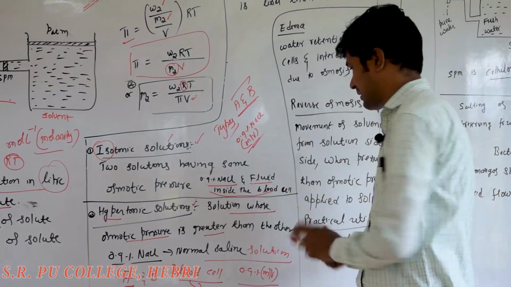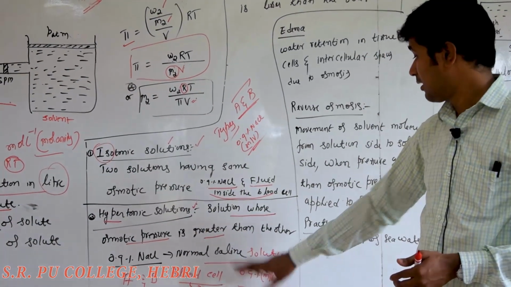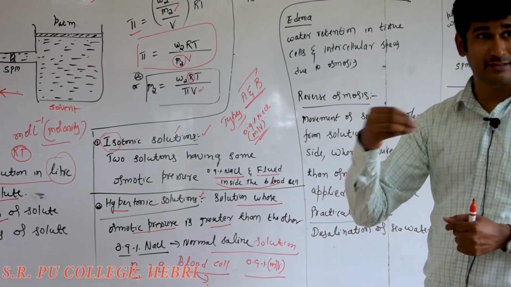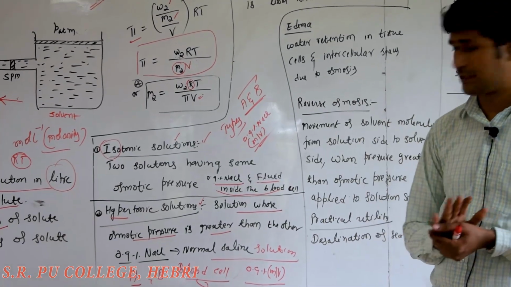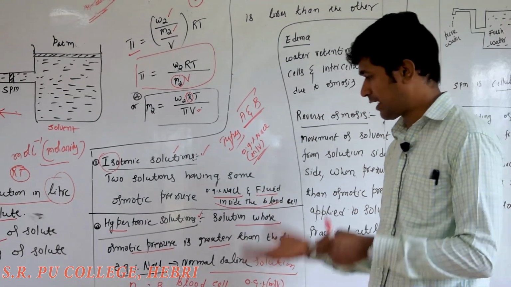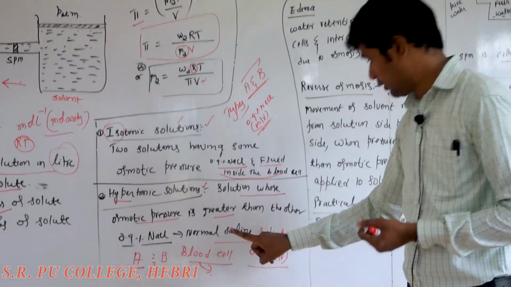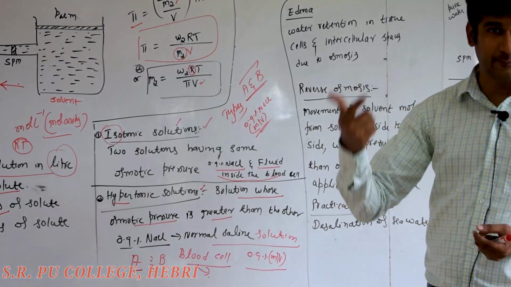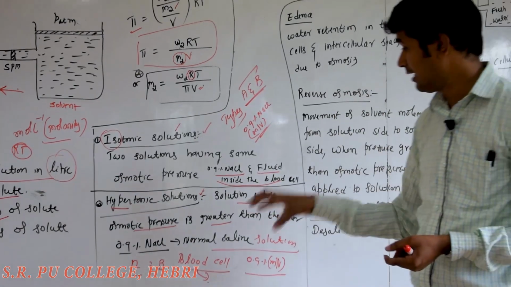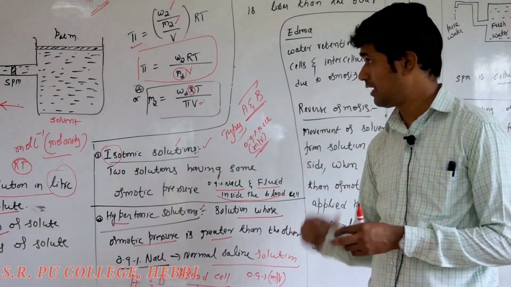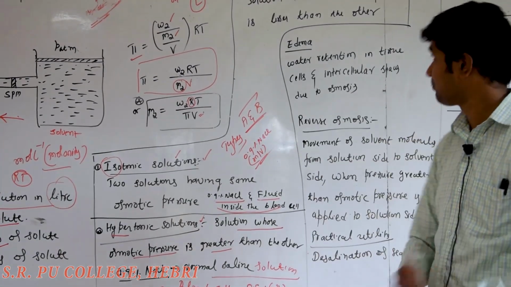Fluid inside the blood cell and NaCl solution whose concentration is greater than 0.9%. So you remember this. What happens to the blood cell when you dip it inside a solution whose concentration is greater than 0.9%? The blood cell will shrink. Understood? Because of osmosis.